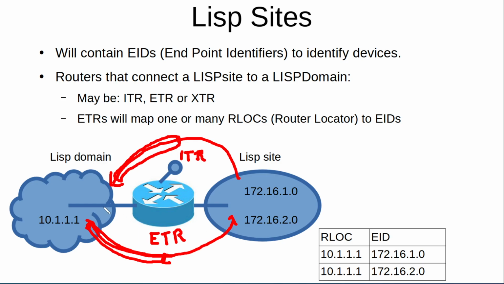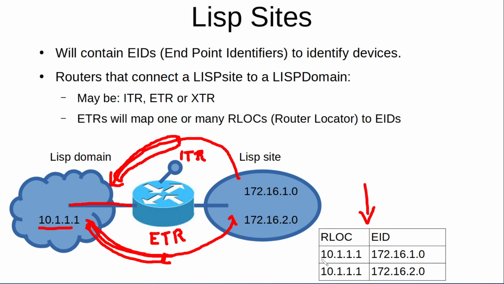In this case, which is a very basic case, this router has only one interface into the Lisp domain, and the IP address that belongs to this interface can be chosen as the RLOC. So if that is the case, this ETR should advertise the RLOC to EID mappings for this example, and this will be that mapping.